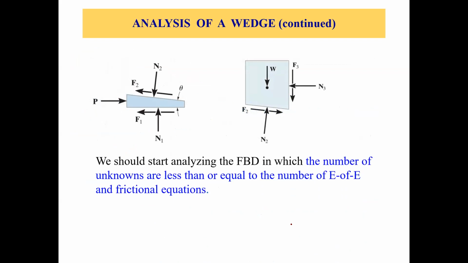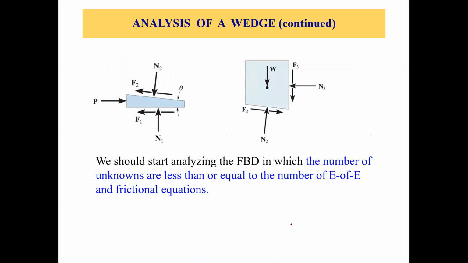After we are done with the free body diagrams of the wedge and the weight or the object on top, from where shall we start the analysis? We should start analyzing the free body diagrams in which the number of unknowns is less than or equal to the number of equations of equilibrium and frictional equations.